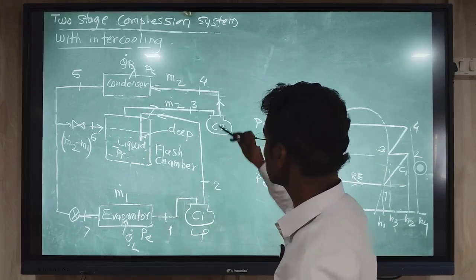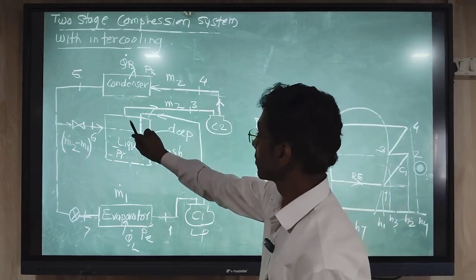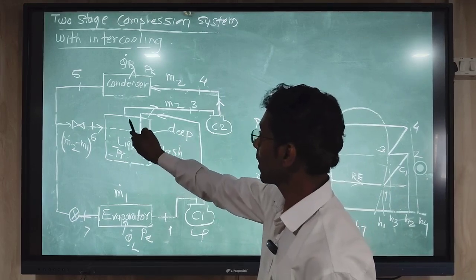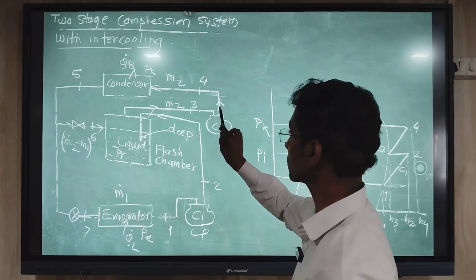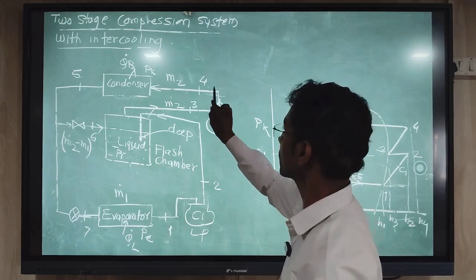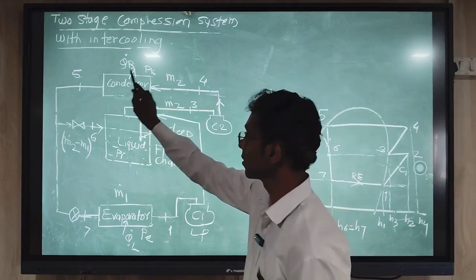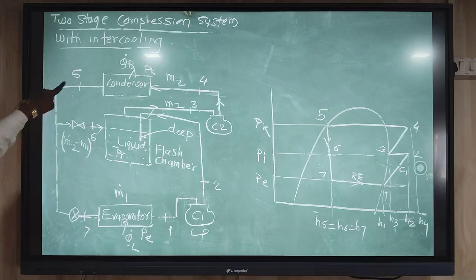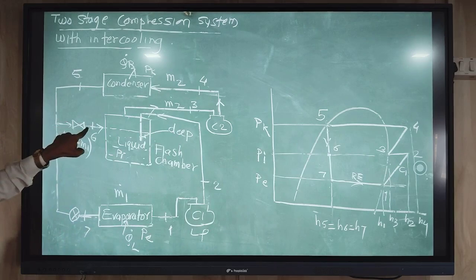Remaining part is here. This is a cooler, that is a flash tank. From the flash tank, this vapor line is taken out and given to compressor 2. From compressor 2, this line is given to the condenser. From the condenser, 5 to 6 is an expansion taking place.